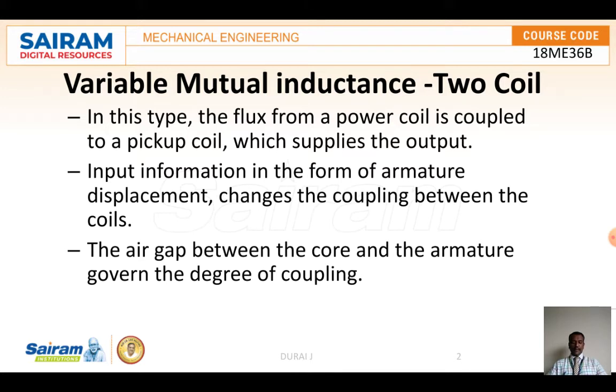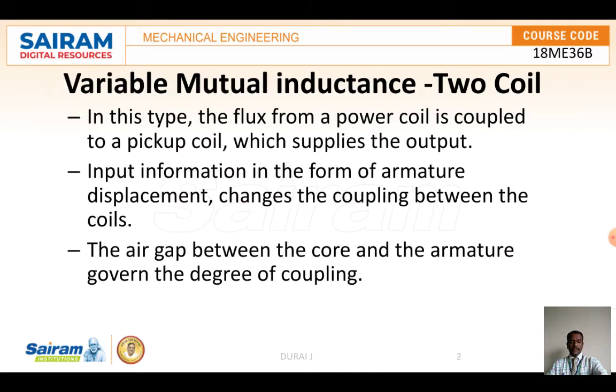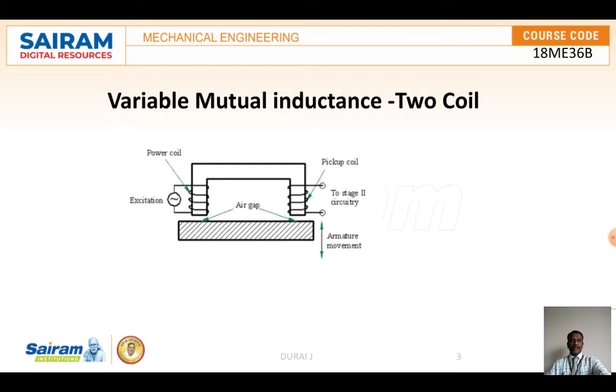Then we will come to the variable mutual inductance. In the variable mutual inductance, the diagram is given over here. Before going to the variable mutual inductance, we will discuss the variable self inductance. In the variable self inductance, single coil method, instead of using a double coil, the same drawing is used, and one coil is wound over here. So the single coil is used as the transducer element.